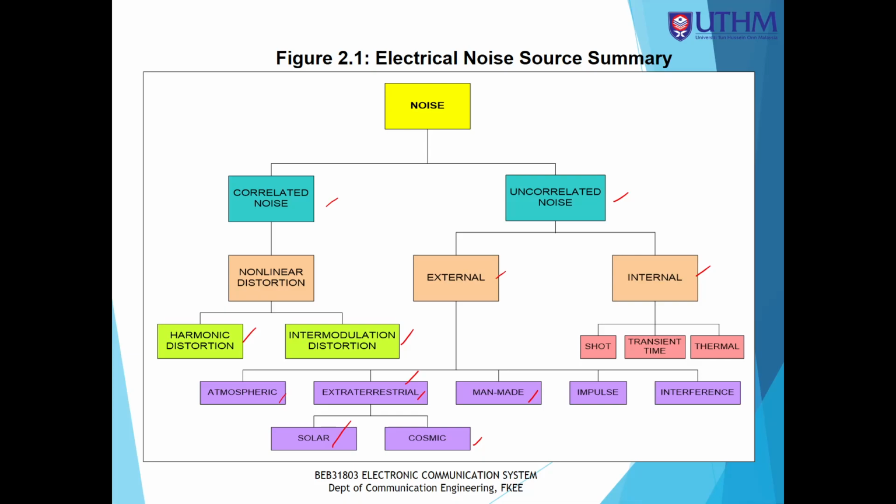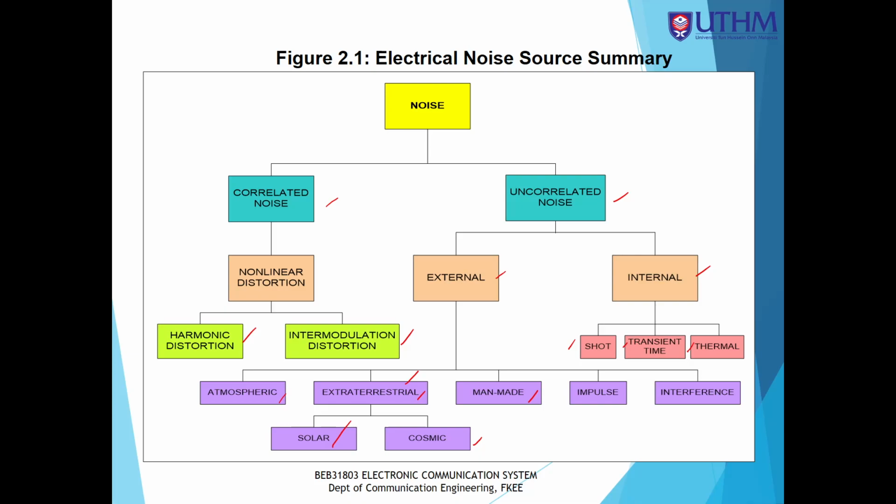If we look into the internal noise, generated within the transmitter and receiver, it consists of shot noise, transit time noise, and thermal noise. So these are some of the types of noise.